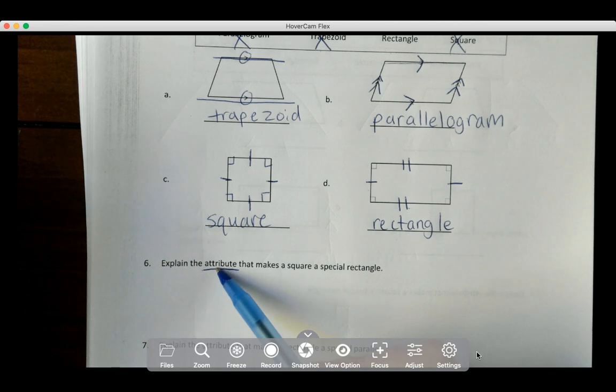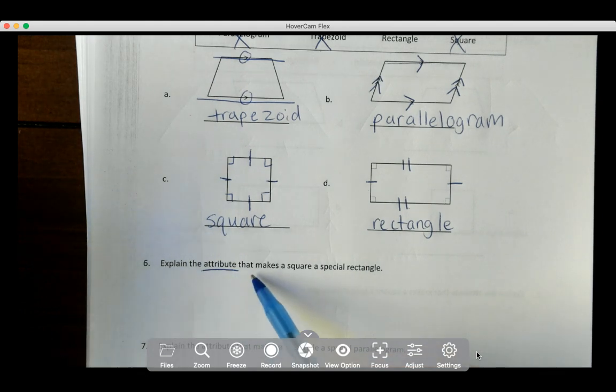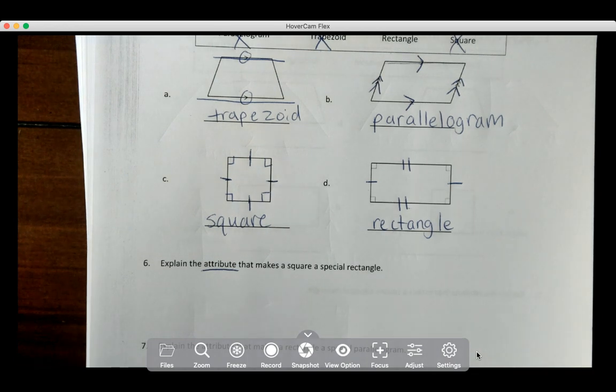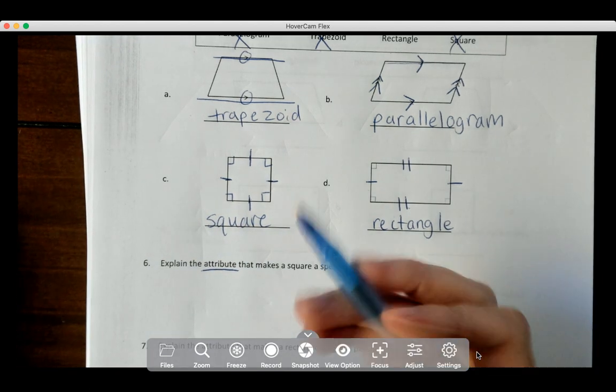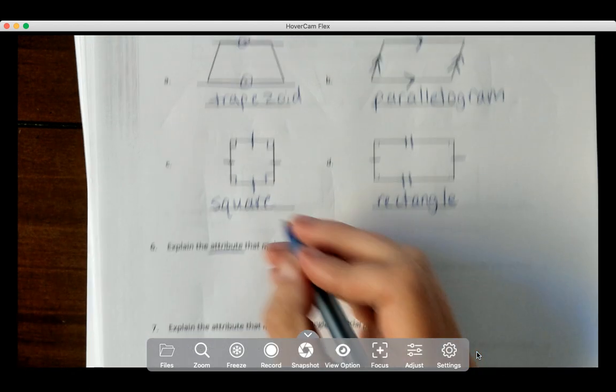When we talk about shapes, we're talking about that word characteristics, or another word for that is attribute. Try saying that to yourself or to people around you. Attribute. So explain the attribute that makes a square a special rectangle. Let's start by writing a sentence.